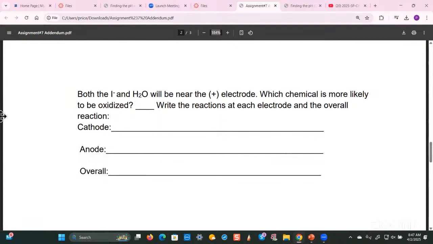So, the cathode reaction, we do need to write the reactions of each electrode. Okay, so I have to do a similar process. Let me do it up here, right? So in the case of I minus, when that undergoes oxidation, you're going to get I2 plus 2 electrons. So you need to balance this by putting a 2 here.